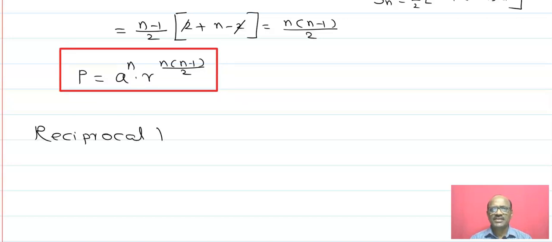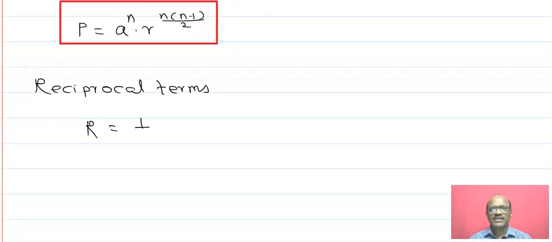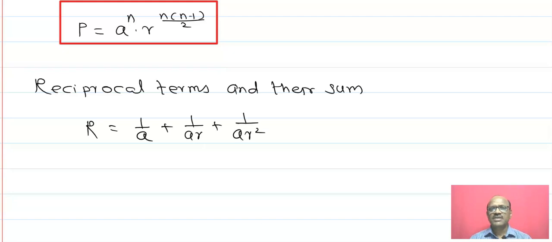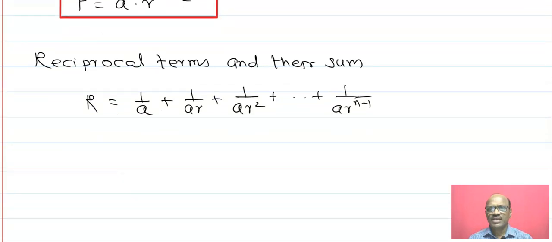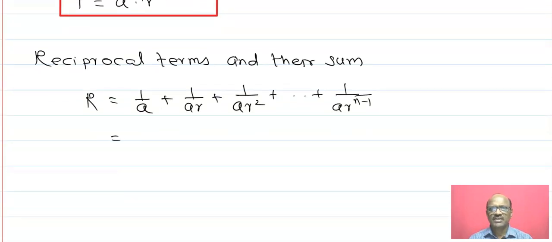And next is the reciprocals of the terms. Now see this interesting derivation, though it is complicated. That is 1 upon a plus 1 upon ar plus 1 upon ar square, up to 1 upon a into r raised to n minus 1, the reciprocal terms and their sum.